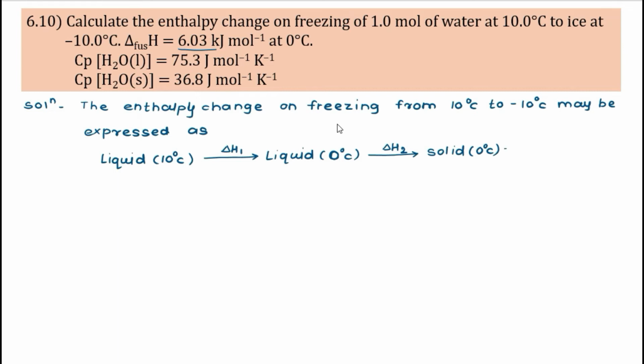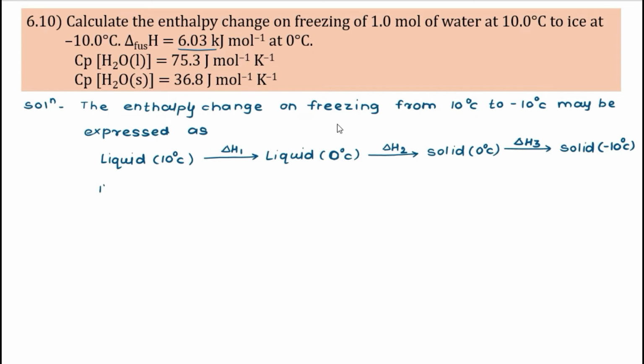Okay, then finally this solid, ice at 0 degree Celsius, will change to temperature minus 10 degree Celsius, and here enthalpy change is delta H3. So total enthalpy change is delta H1 plus delta H2 plus delta H3. So let's calculate all those values.